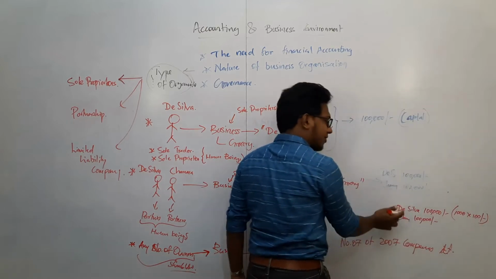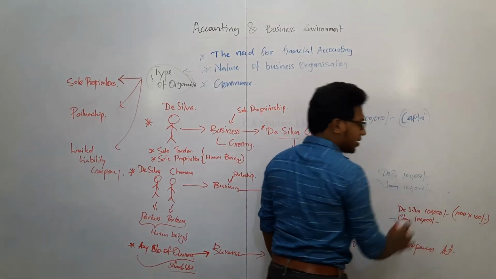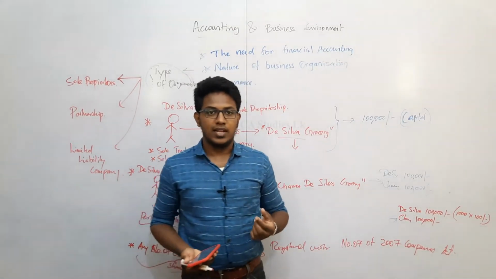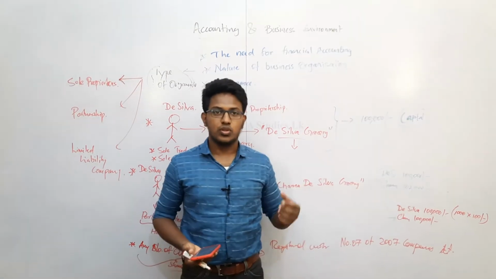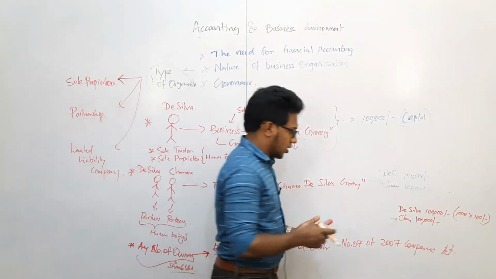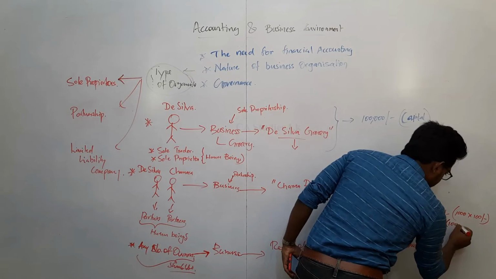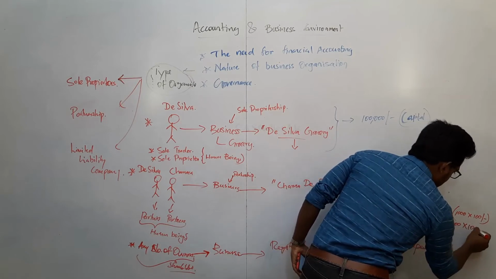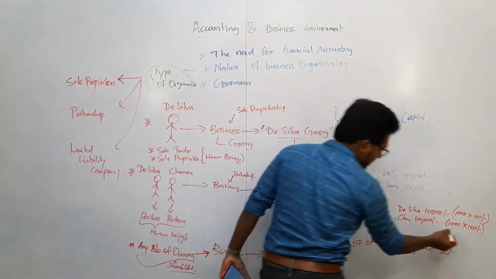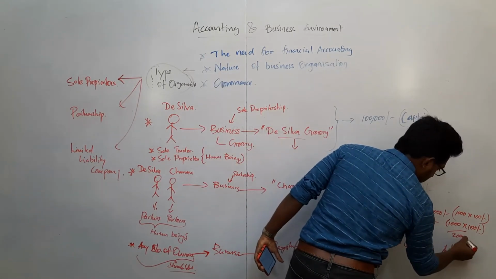So D. Silva owns 1,000 shares. One share's capital value is 100 rupees. So 1,000 shares, how much? 100,000. Chamara also has 1,000 shares at 100 rupees, so 100,000. So the number of shares in this company is 2,000.